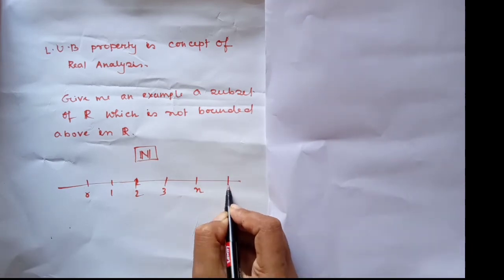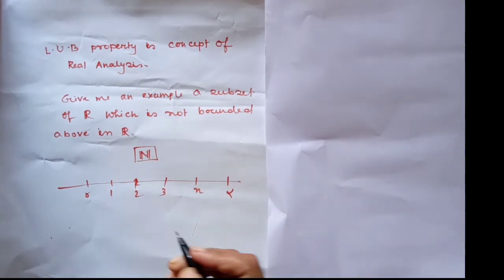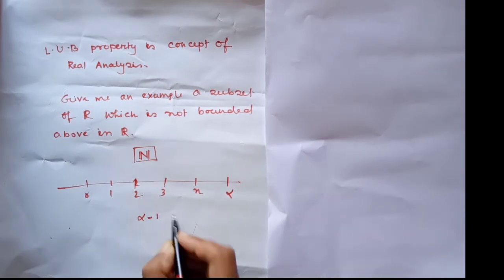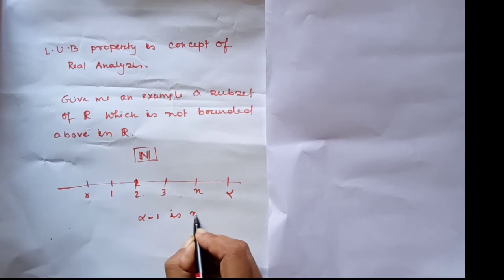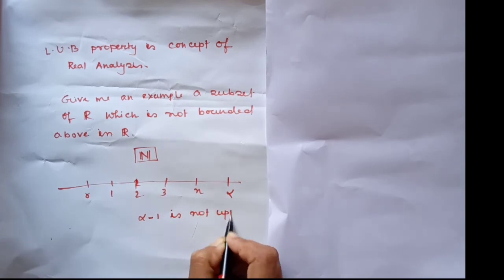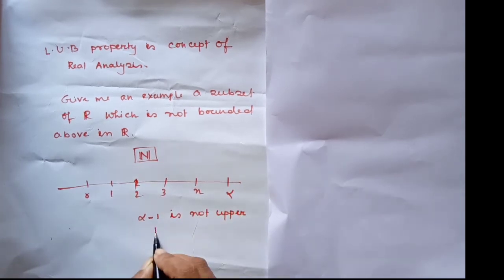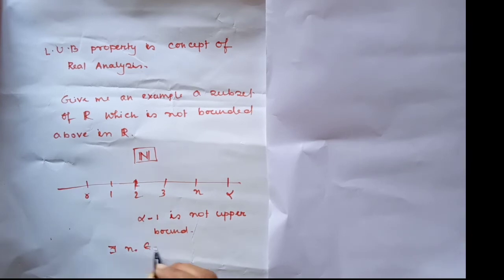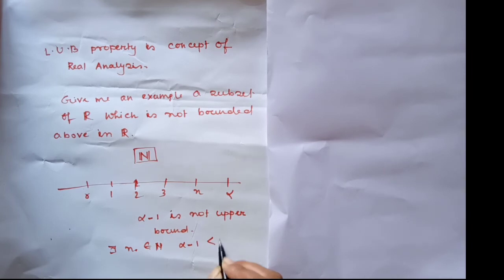Let alpha be the least upper bound. Then alpha minus 1 is not an upper bound. That means there exists n naught belonging to natural numbers such that alpha minus 1 is strictly less than n naught.